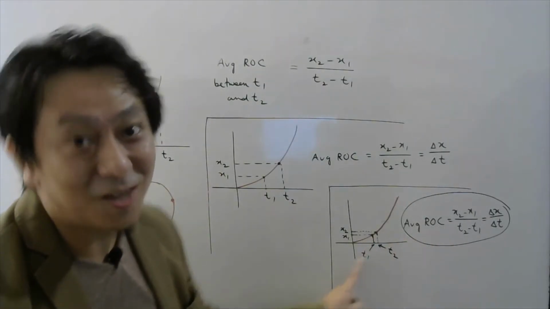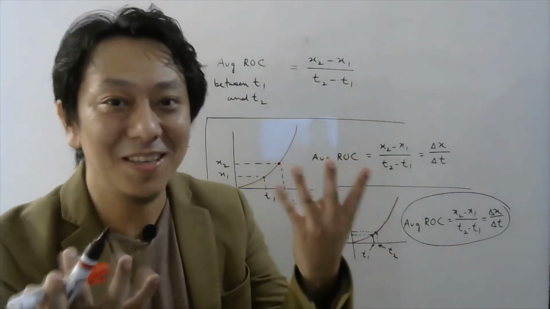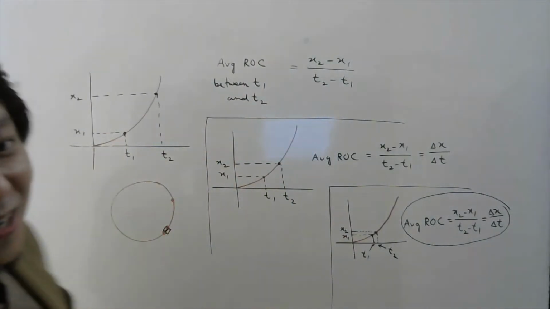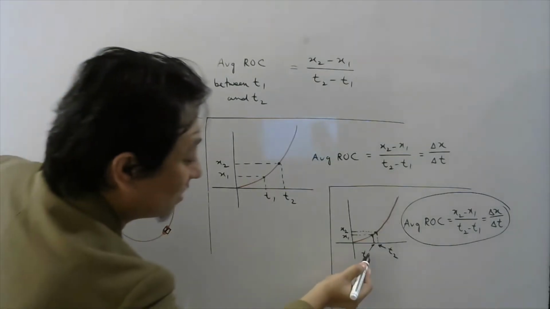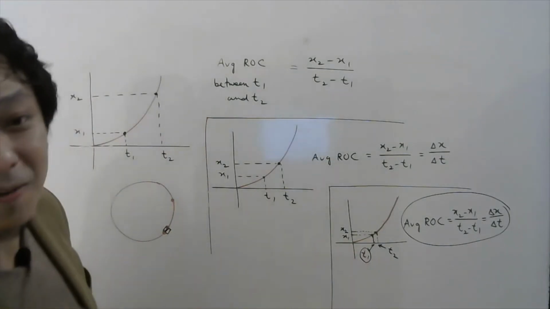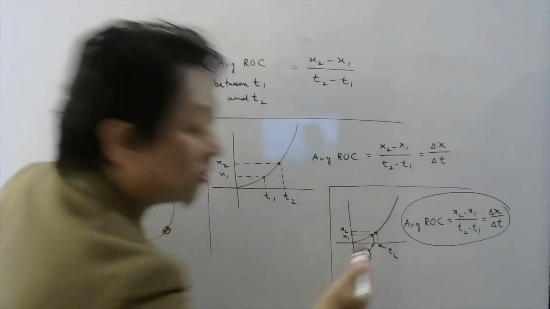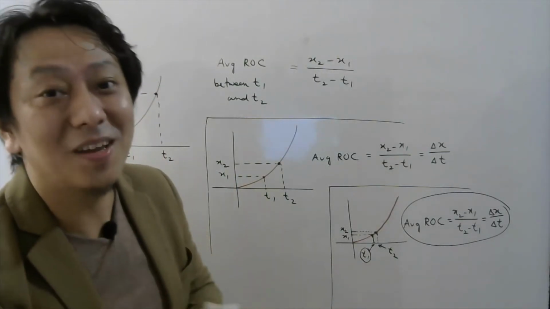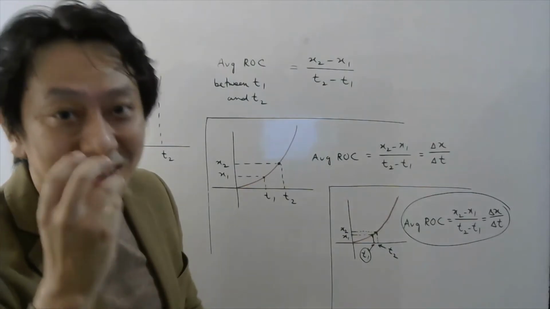So at this instant or at this instant it will be the same. So please remember that if you want to calculate the instantaneous rate of change at a particular time t1, then your second time t2 should be very close to t1, and that is how we calculate instantaneous rate of change.